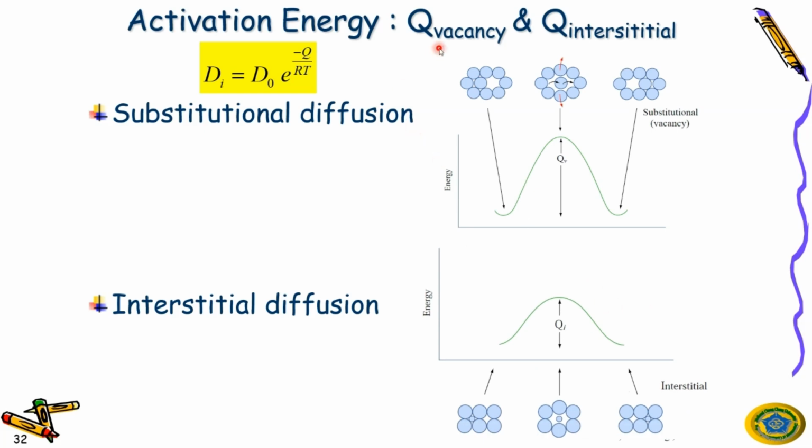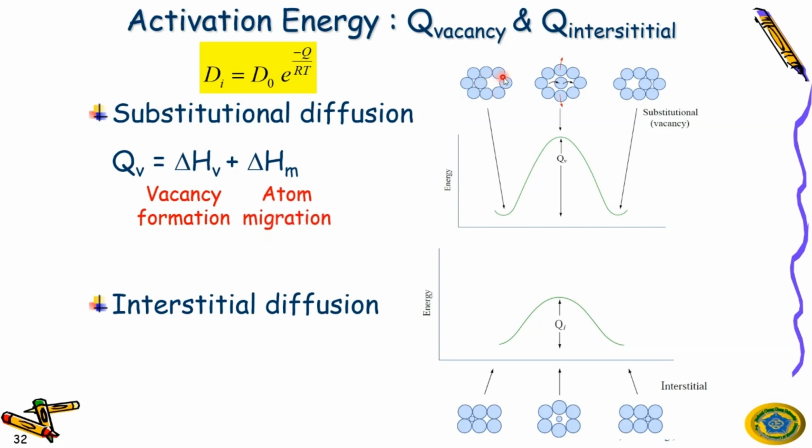So in comparison, the activation energy of vacancy diffusion or of interstitial diffusion, you understand the activation energy of interstitial diffusion will be smaller. Why? Because you have more space, and this movement is less. Why? Because the activation energy is related to what? The energy of vacancy formation first, plus the atom migration energy. Together, that will be this.